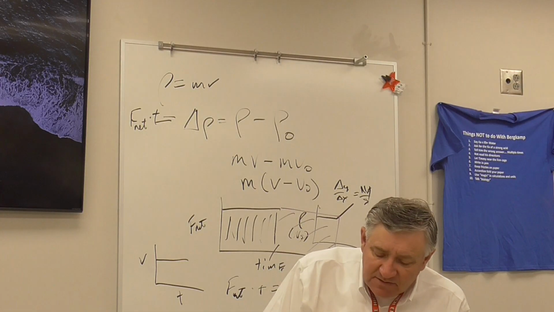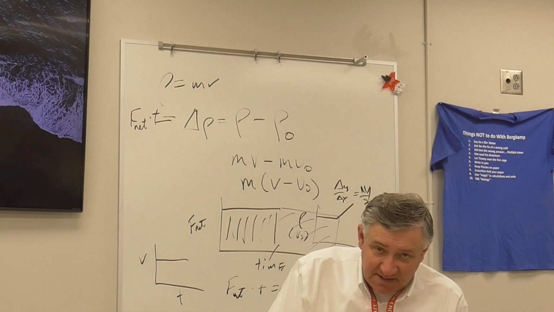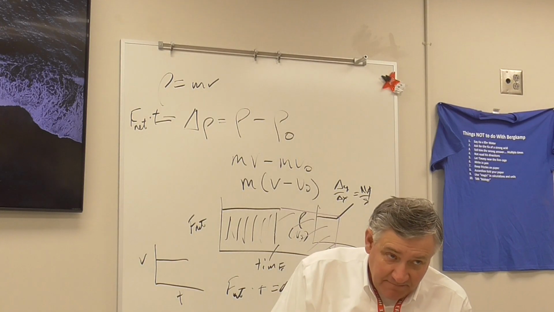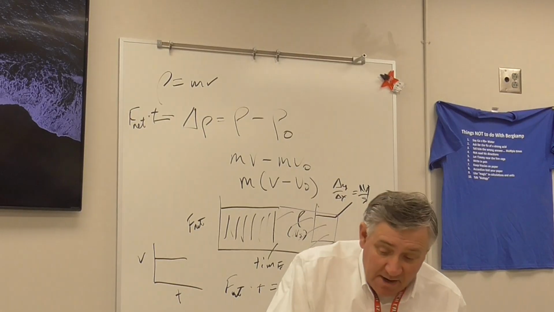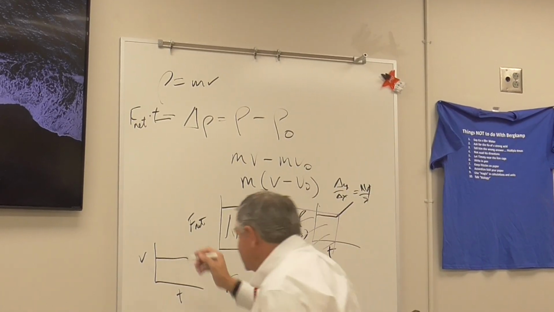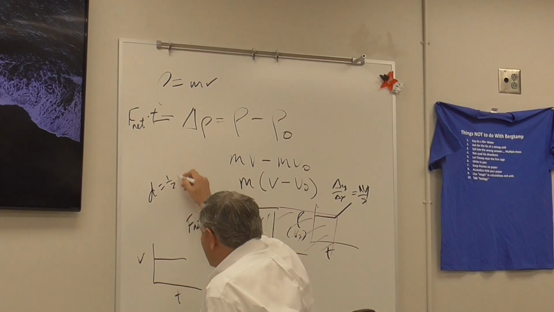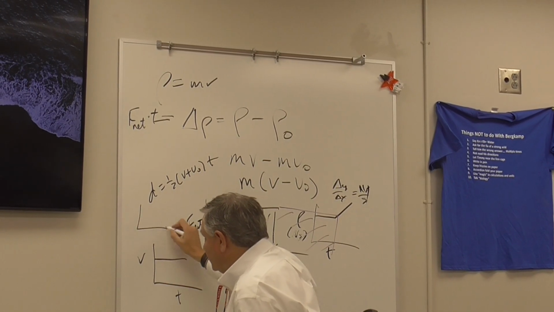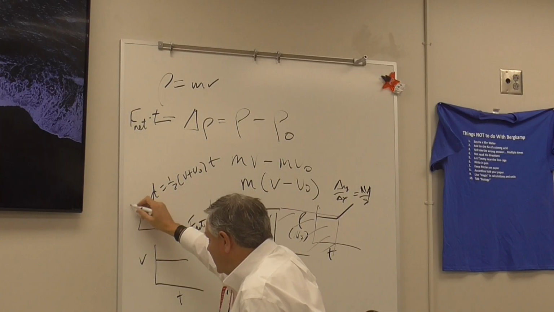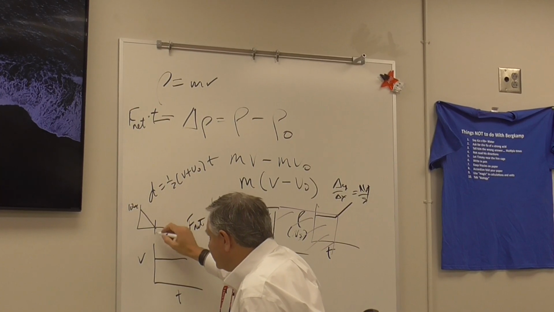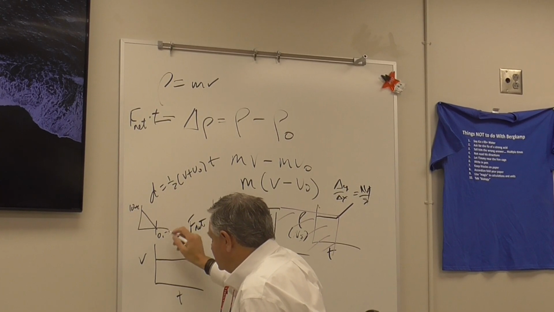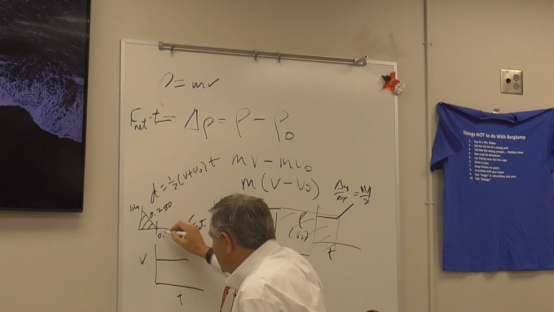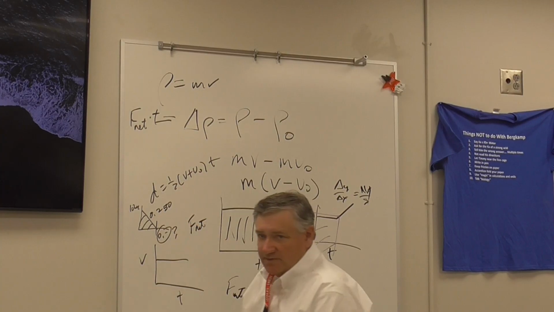What you cannot use to find the time is distance equals velocity times time, because this is not constant velocity. What I would recommend is that you use distance equals 1/2 (v plus v naught) times time, or if you're in triangles, it's a velocity-time graph that starts at 10 meters per second. That area is 0.25 meters, and you're trying to find the value of that time.